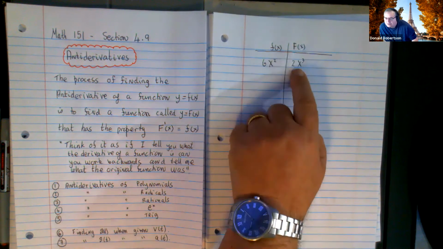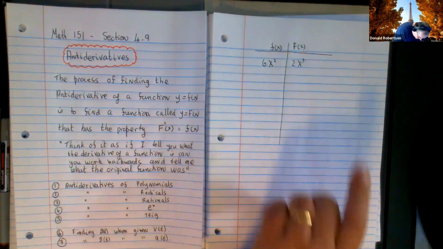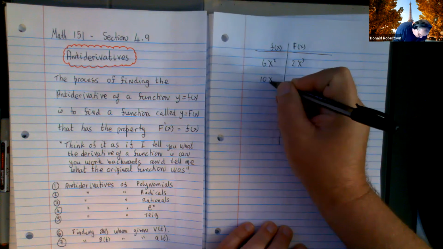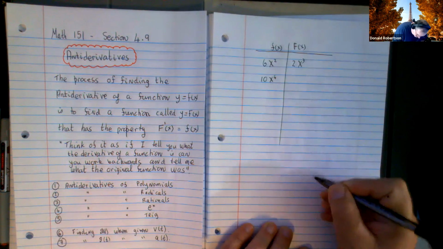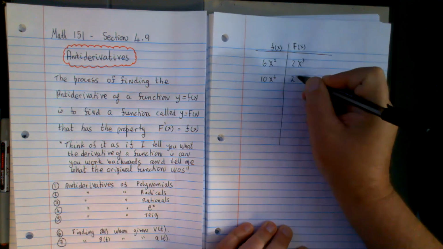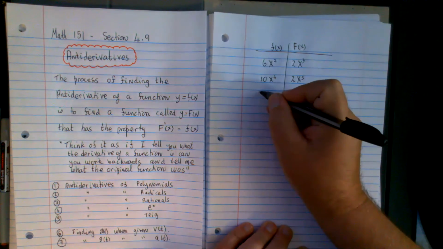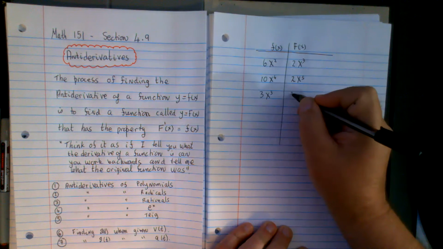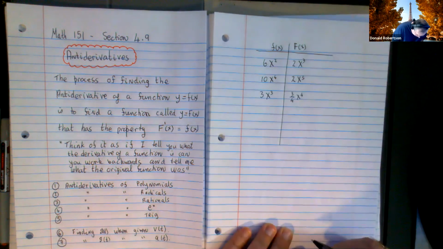That's what the antiderivative is. Would you agree that if you differentiate that, you get this guy? How about 10x to the 4? Well, 2x to the 5 would be its antiderivative. How about 3x cubed? 3/4 x to the 4 would be its antiderivative.